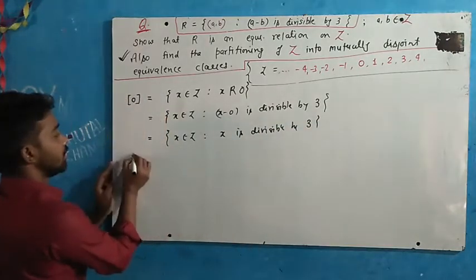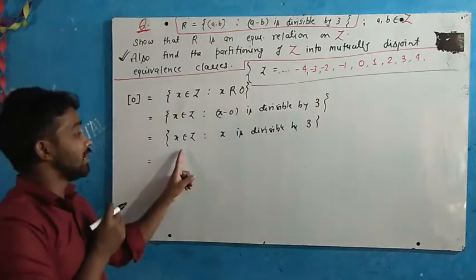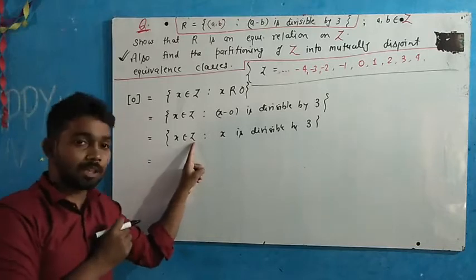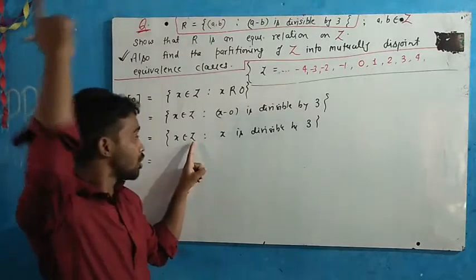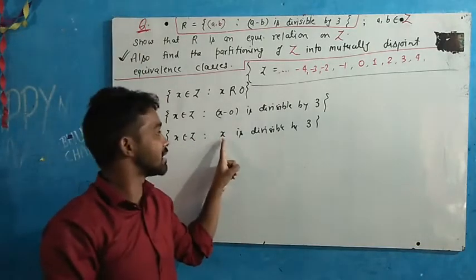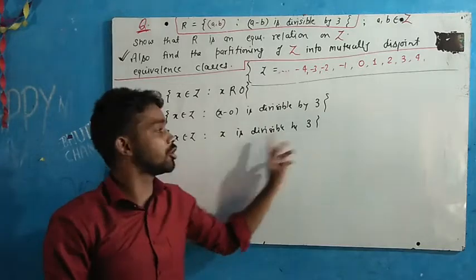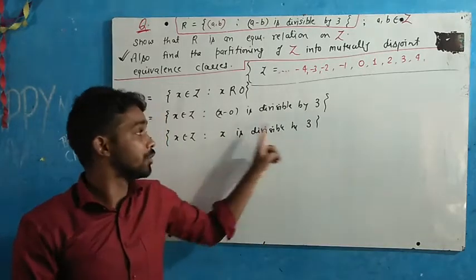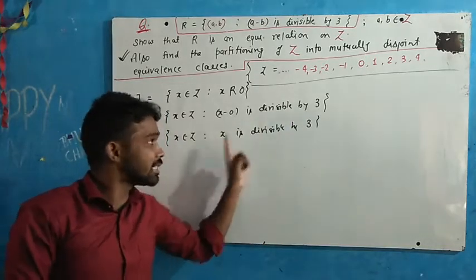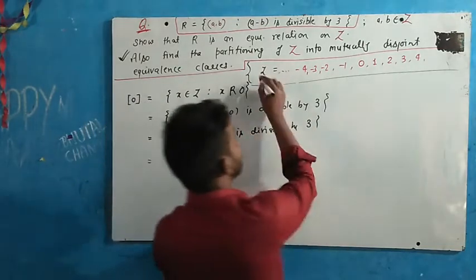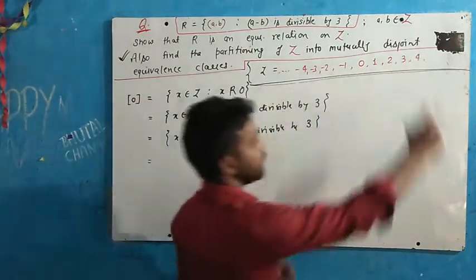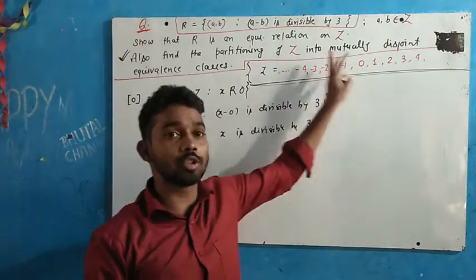Clear? It means the equivalence class of 0 is those integers x which are divisible by 3. Now the integer set is written here. Just tell me those numbers which are divisible by 3.